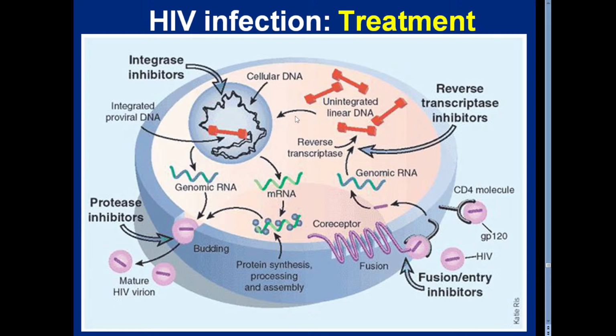Another group of drugs, integrase inhibitors, act on the enzyme integrase. Next target, protease inhibitors, which stop the cleavage of polypeptides and structural proteins. And maybe the best new generation of drugs are fusion or entry inhibitors, which don't allow the virus to fuse with receptors on the surface of host cells.